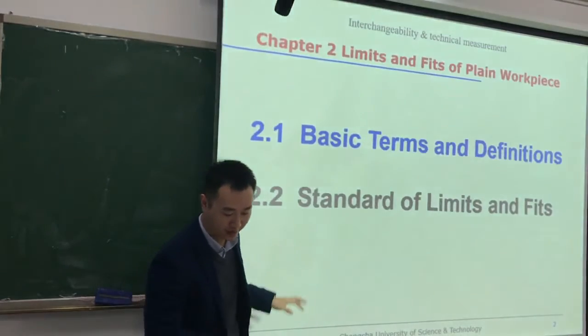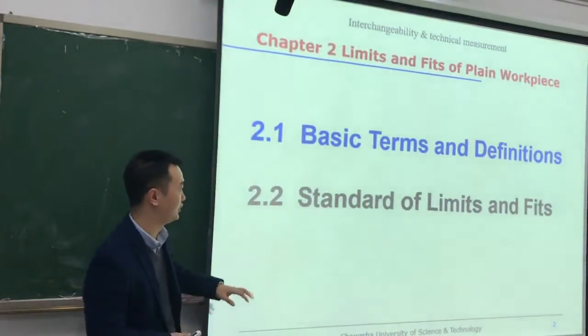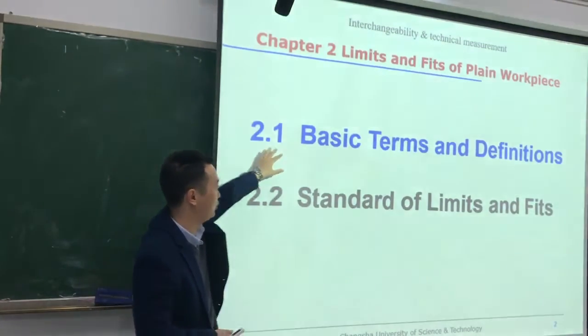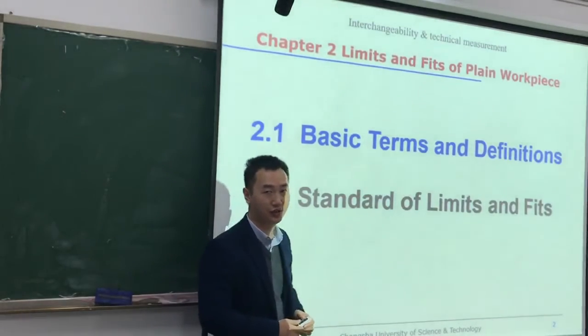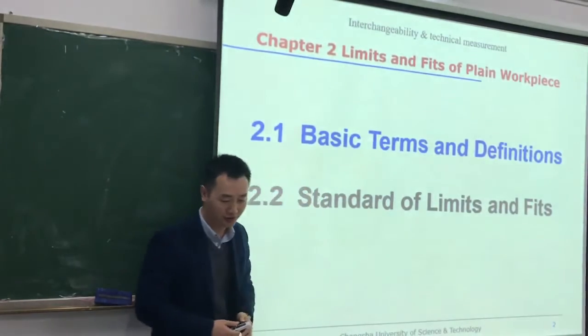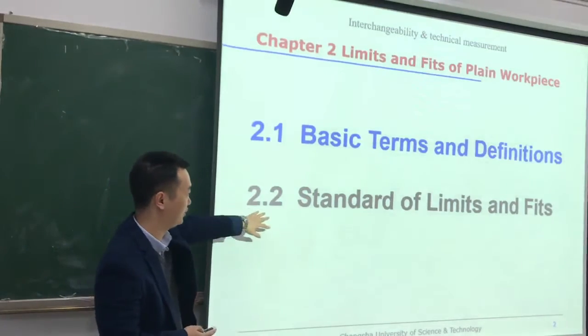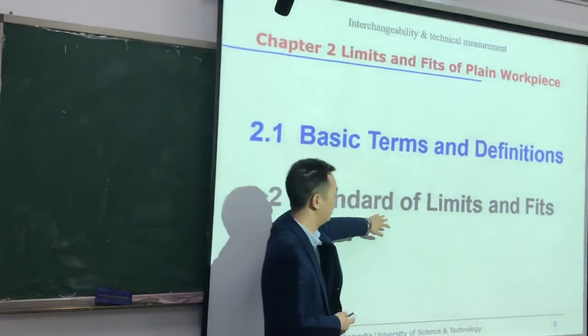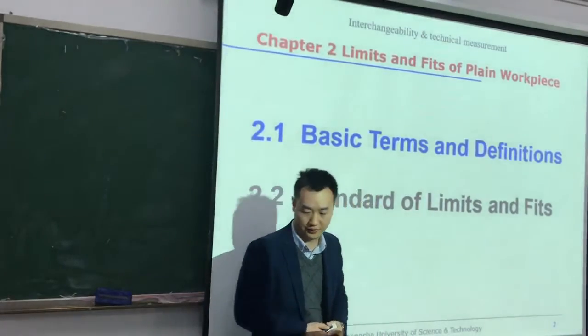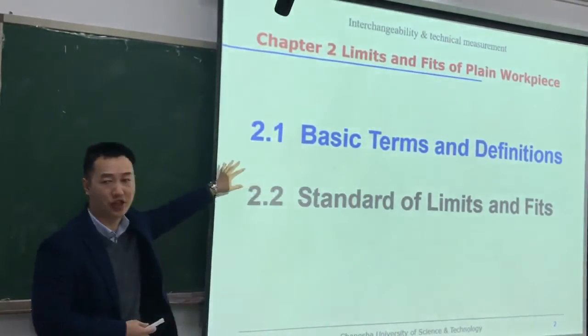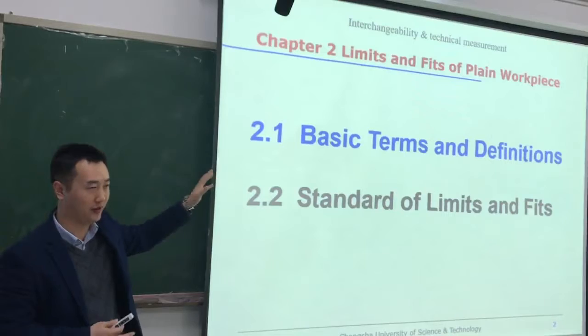Chapter 2 is about limits and fits. We are going to learn the first 2 sections of this chapter. The first section is basic terms and definitions, and the second section is the standard of limits and fits. This chapter is really important.